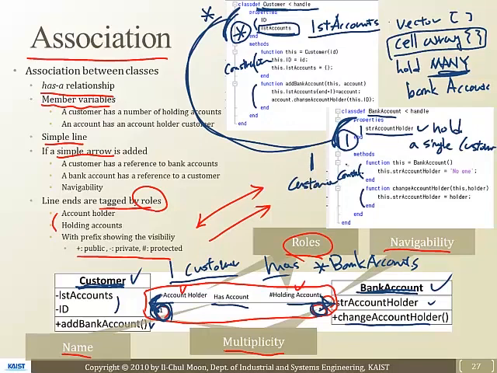So that's why we have one account holder, and we have many customers, many bank accounts. So that's why we have many notations here. And both directions are also accessible, so we have the bidirectional arrows, okay? It's called association relationship.